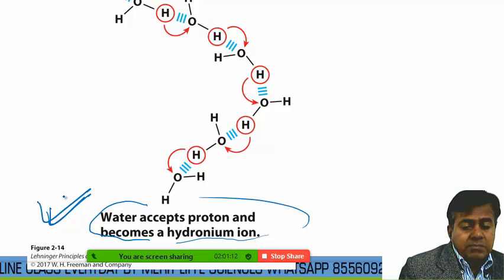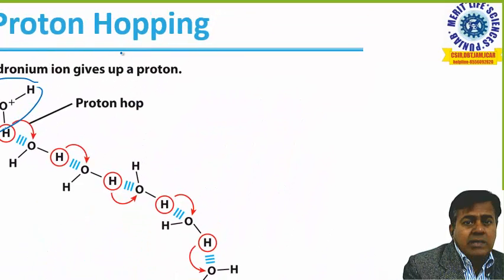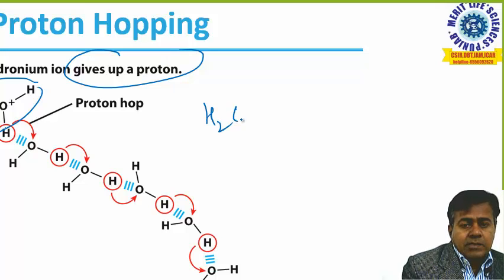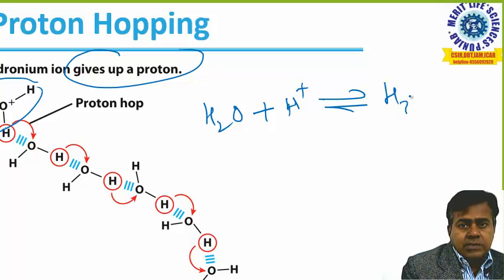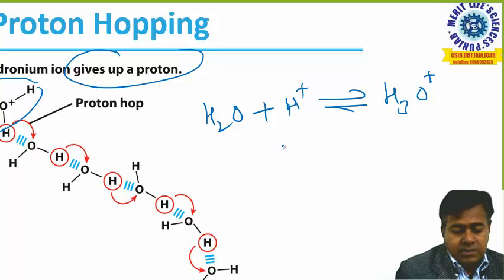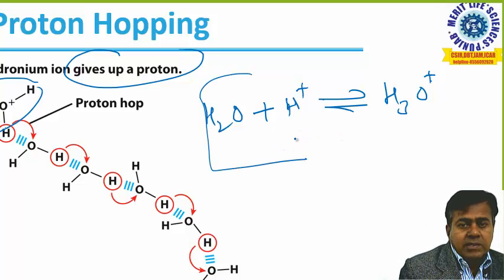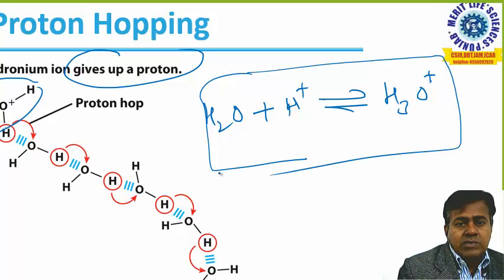Then again, it is a reversible process: water plus H plus gives H3O plus, and again this dissociates in the reverse direction. Very simple conclusion of this concept, which is called proton hopping.